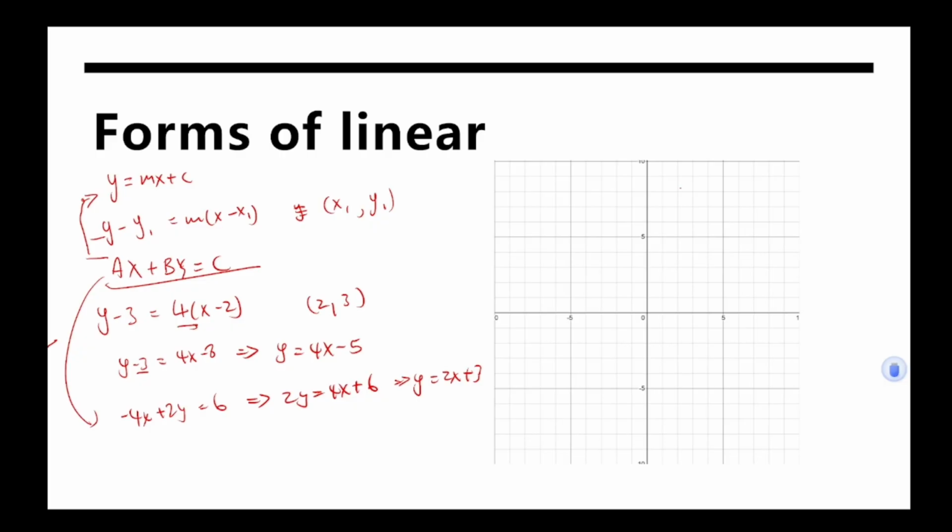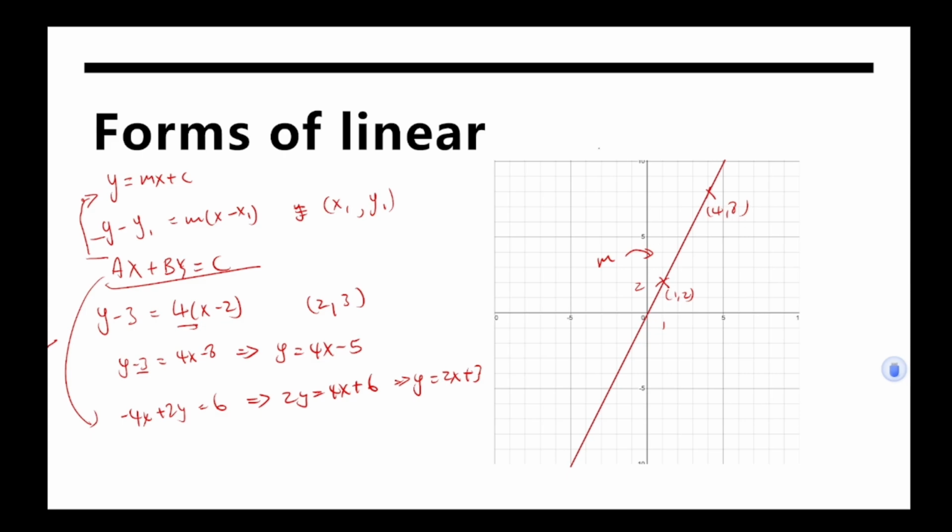For example, a line like this, and we want to know the gradient of this line, m of this line. What we do is we first take 2 points, better be integer points, for example, this one and this one. So here is 1, 2, and this one is 4, 8.